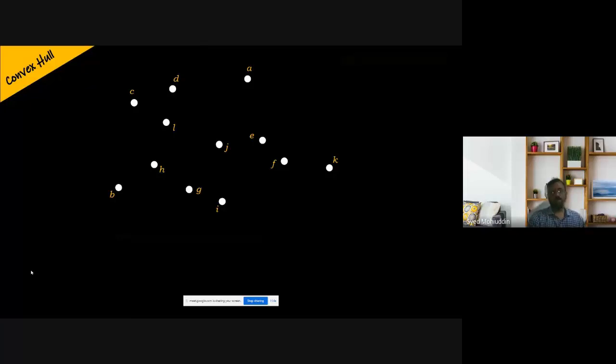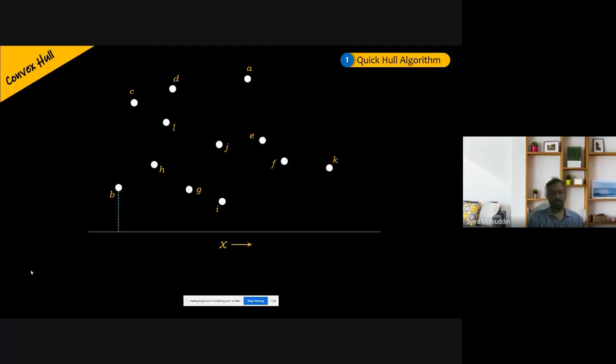What happens in the Quick Hull algorithm is that we try to choose extreme points based on the x-axis. So which is the extreme point on the x-axis? On the x-axis we have B, which is the extreme towards the left, and let us call this point B as P1.